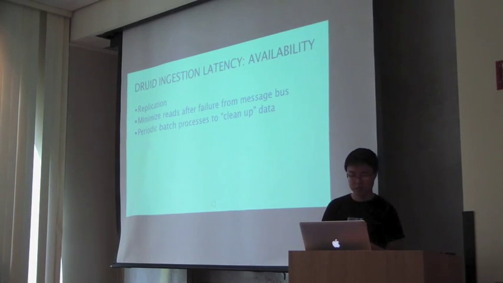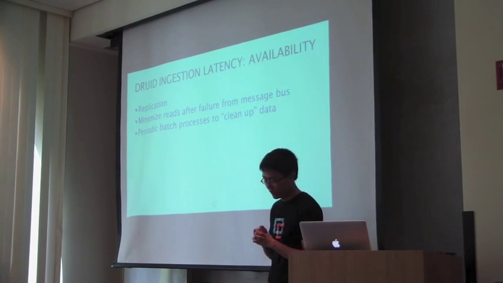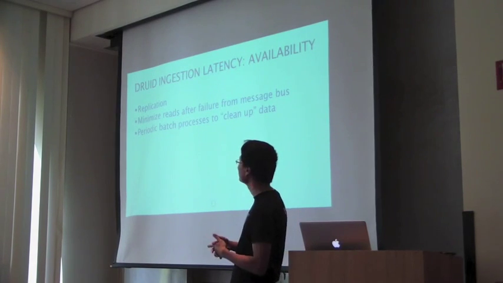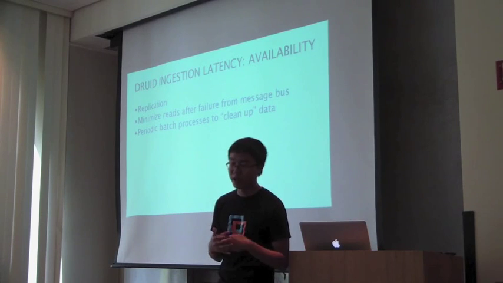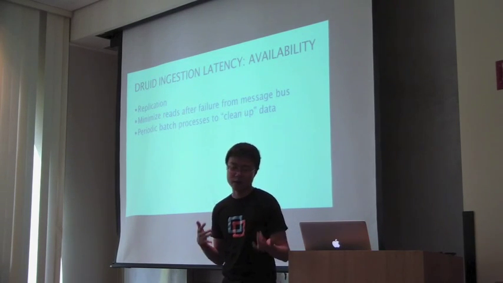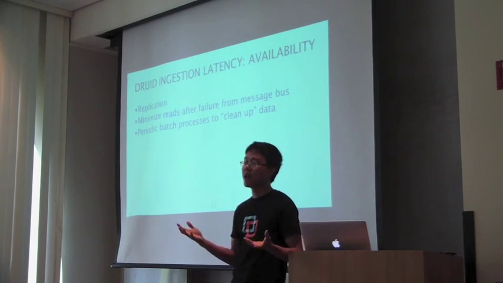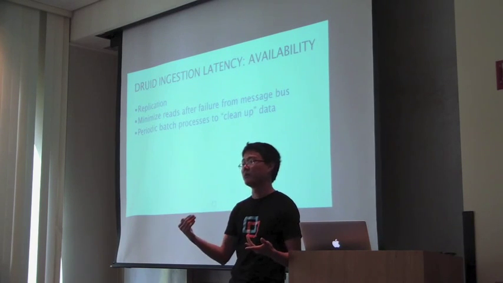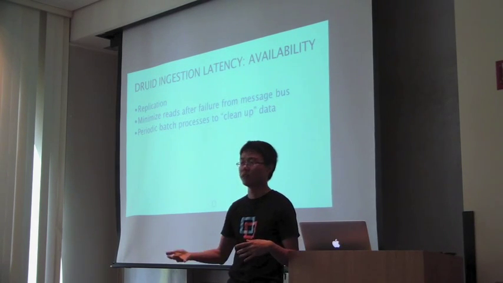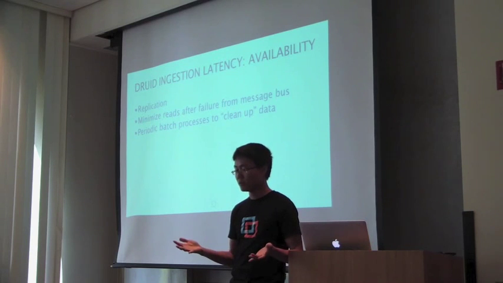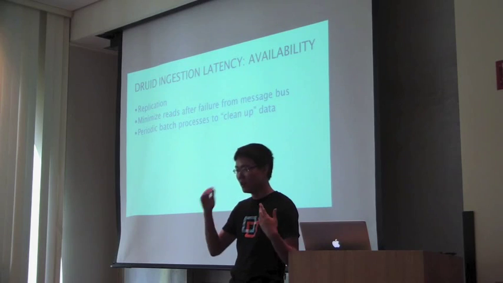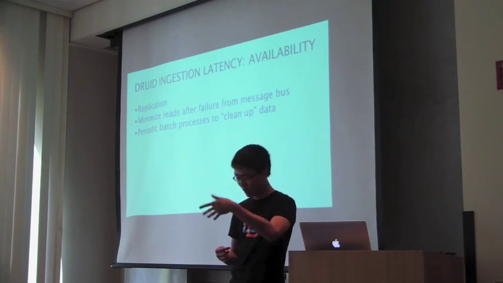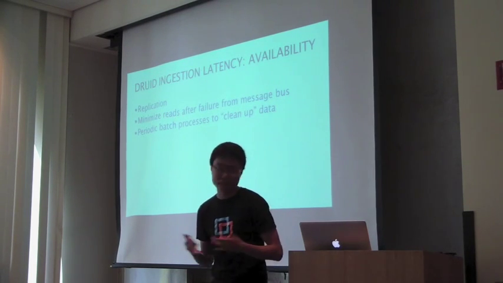So in terms of high availability, some of the things that we do is replication of real-time data, and that's a pretty simple concept. You just have multiple nodes that read from the same message bus, and they collect the same events. Some of the problems there is, of course, if all nodes reading from the same message bus go down, then you lose your data.